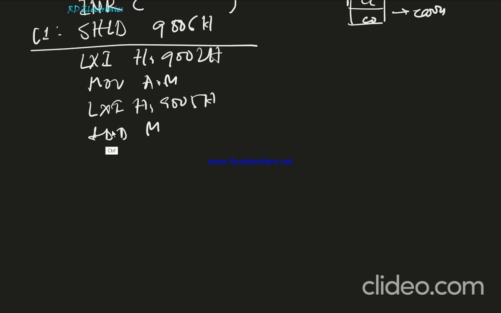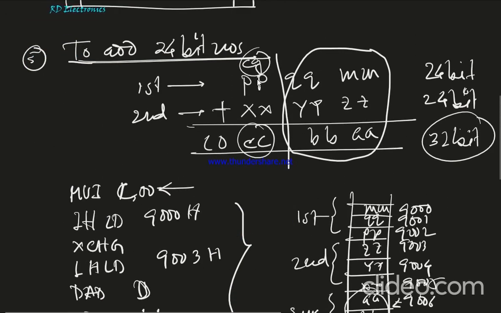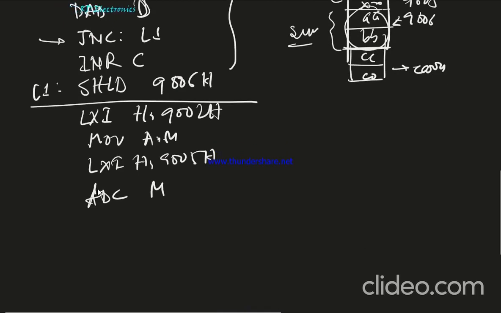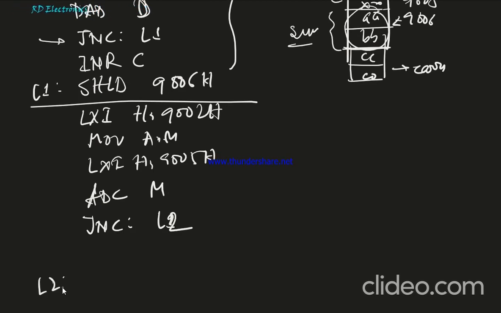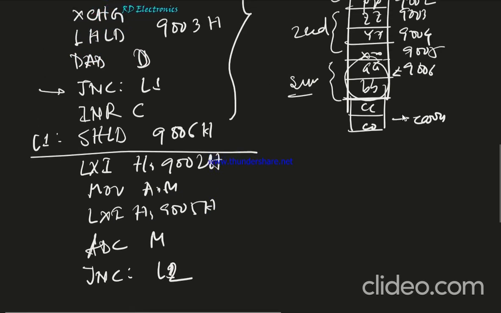But here, instead of ADD, we use ADC, because the addition is performed with PP, QQ and the previous carry bit. Okay, so now ADC M. Now here we again jump if the carry bit is generated. So here L2 is mentioned. So if no carry, then store the result in location 9008.